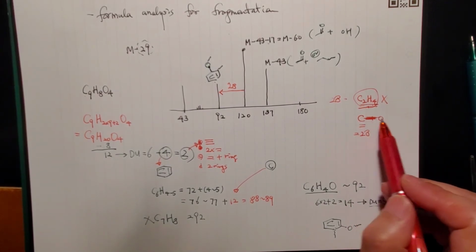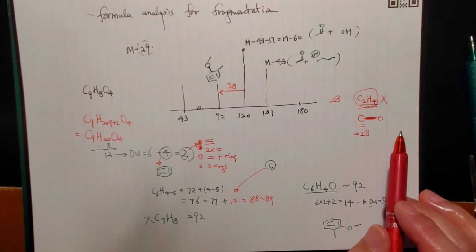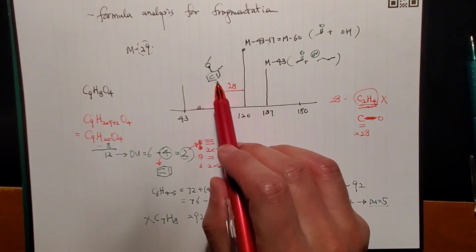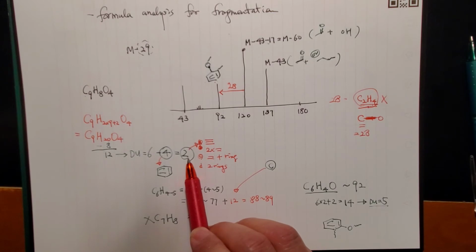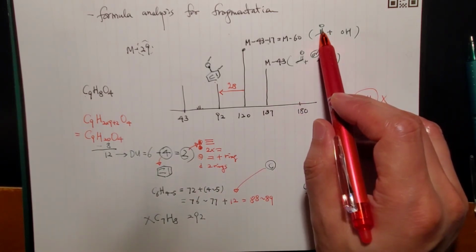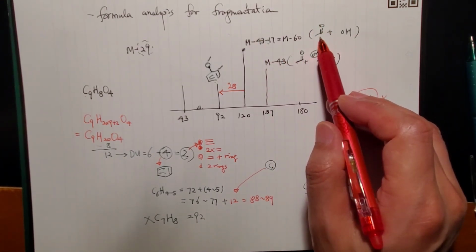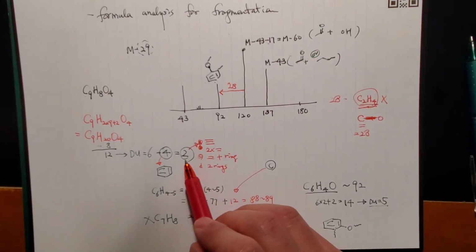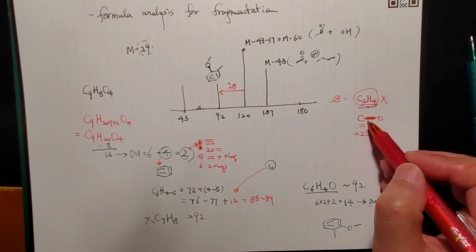Is it single bonded or double bonded? Let's think about it. So we included the benzene ring that takes up the 4 index of hydrogen deficiency. We had 2 left, and the one used here, okay, when you lose 43, right, we used it. So out of 2, we used the 1, so we need 1 more. That means this can be CO double bond.